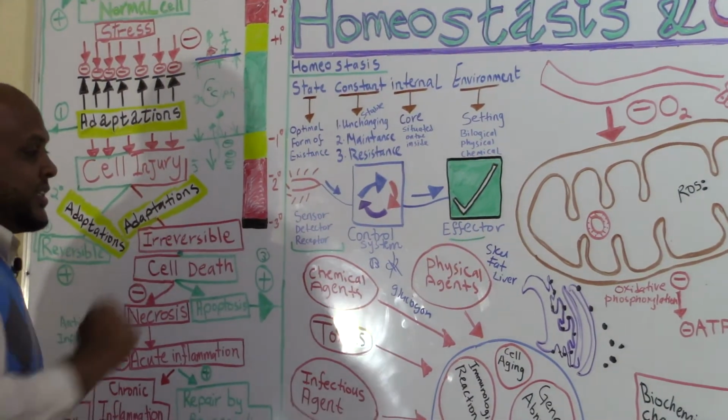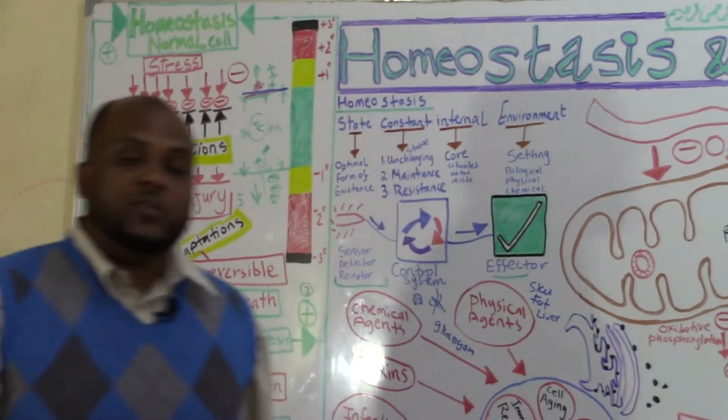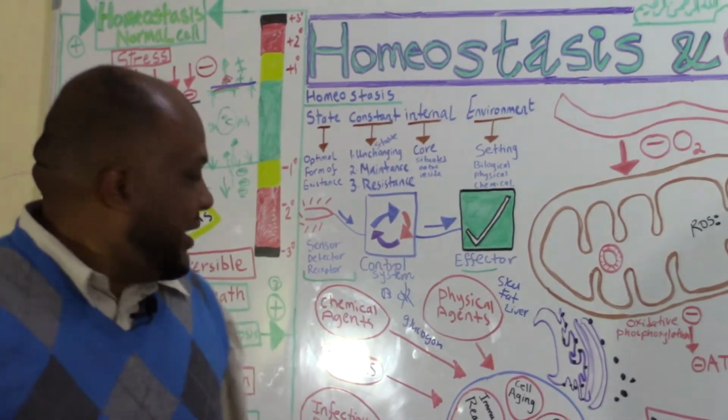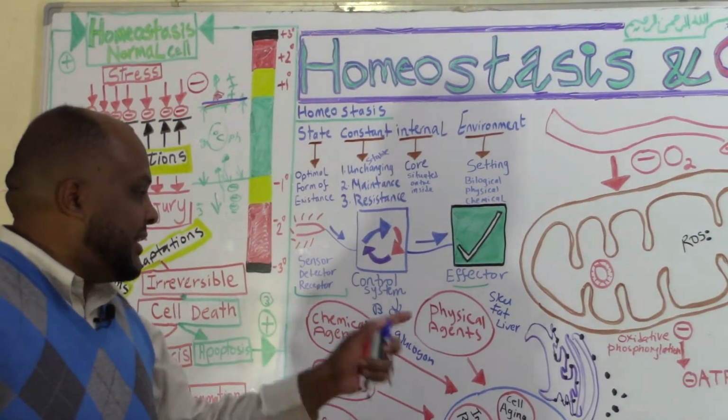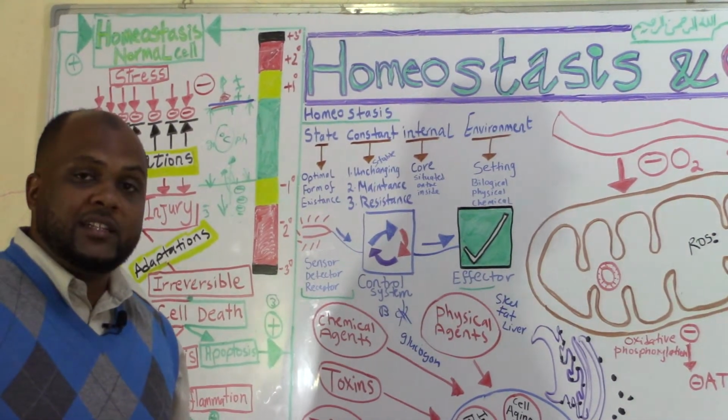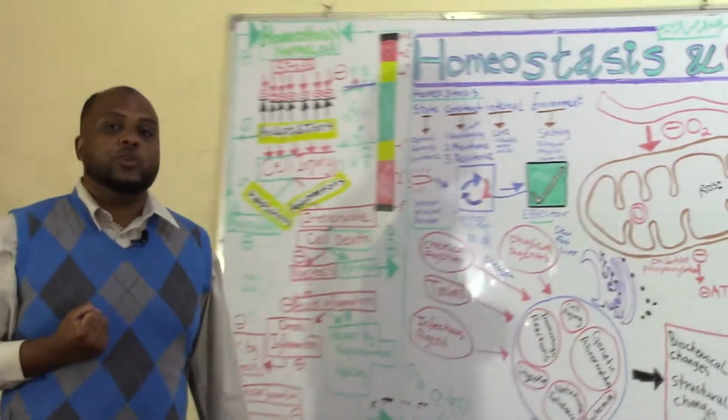So what does insulin do? The insulin will cause the skeletal muscles, the liver, and the fat cells to uptake this glucose from the blood.